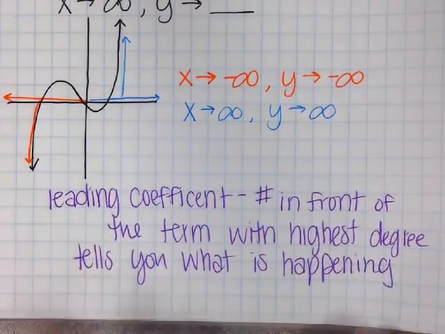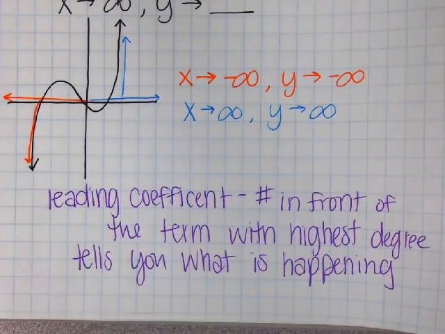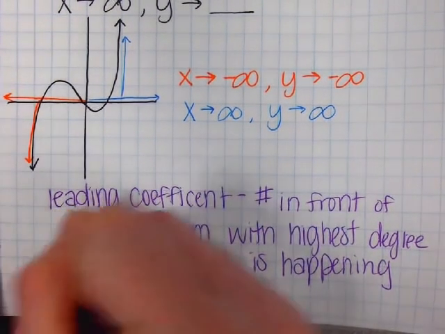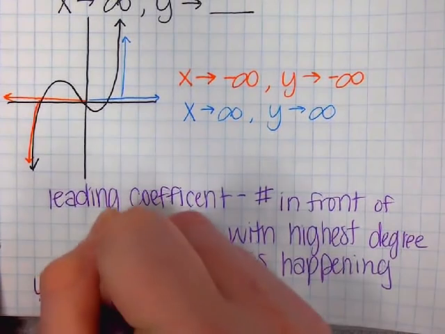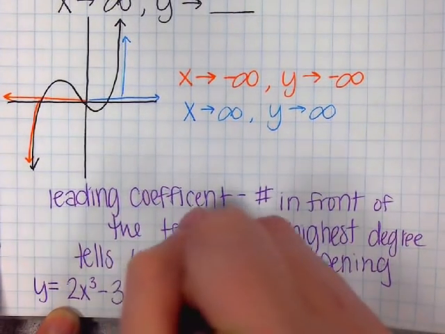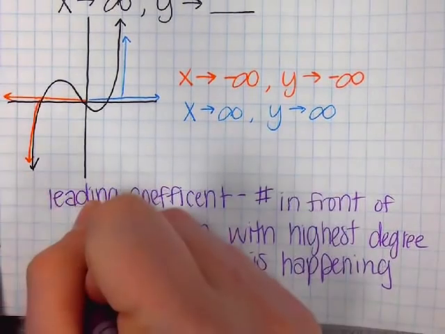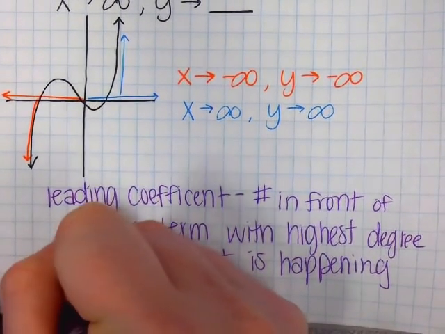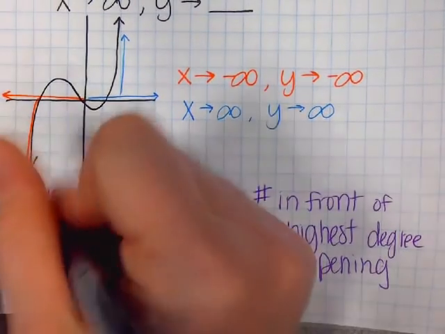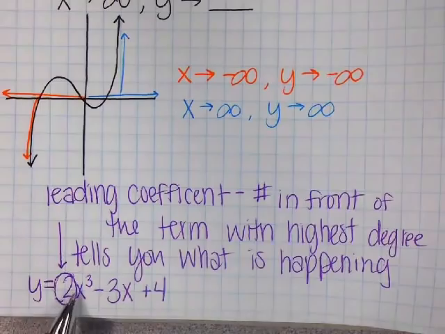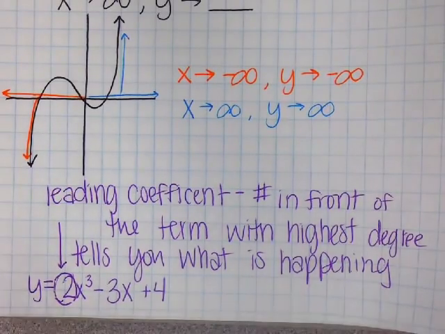Oops, sorry, you can't even see it. So the number in front of the term with the highest degree tells you what is happening. If I had y equals 2x cubed minus 3x plus 4, the leading coefficient is the 2. Just like the highest degree tells you what type of graph it's going to look like, the leading coefficient is going to tell you what to do.